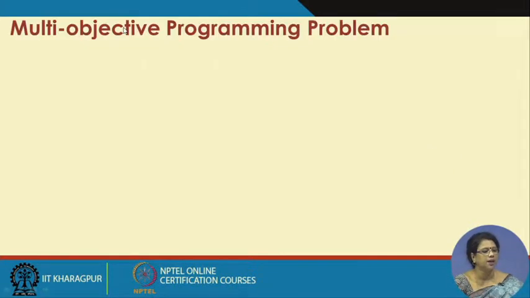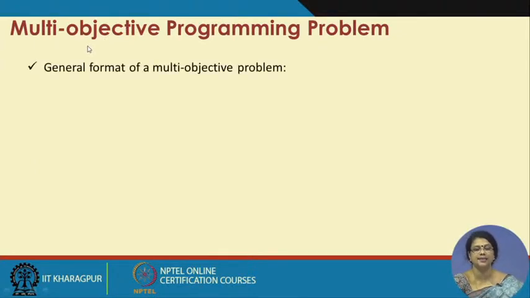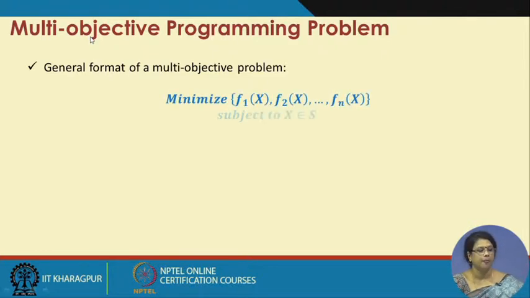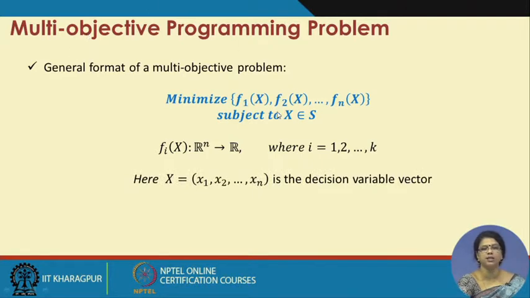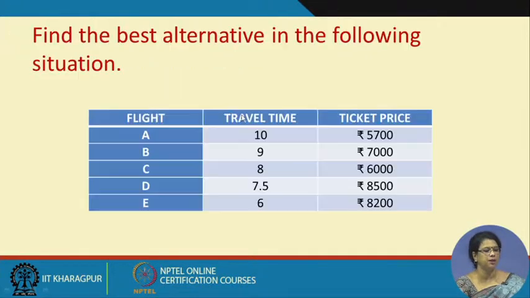All right. Now, as I said, another criterion for handling the optimization model is that instead of having one objective function, we can have several objective functions together, minimizing all objective functions simultaneously. For example, we have different flight options with different travel times and ticket prices.